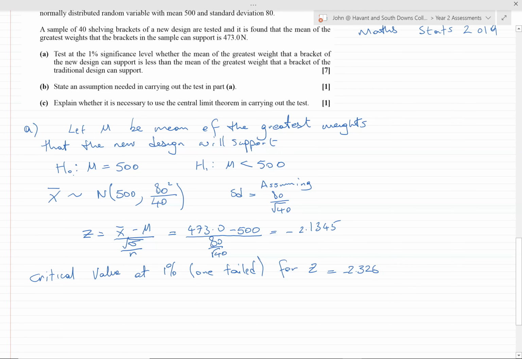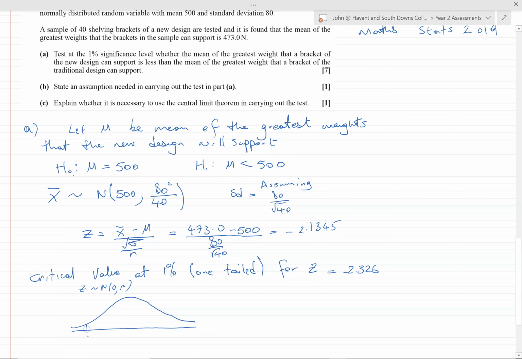Okay, let's look at how we would find that on the calculator and where we find it in the formula book. Right, on the calculator first. It's important to appreciate that we're actually using the inverse normal here, because we want to find the value on the standard Z distribution, which is the distribution with mean 0 and standard deviation 1.